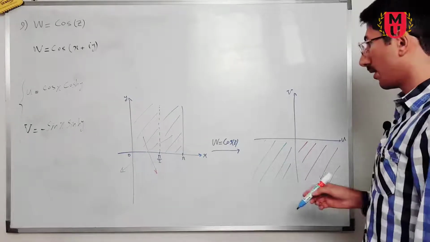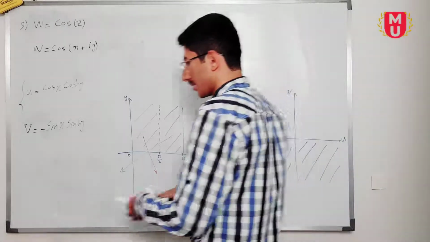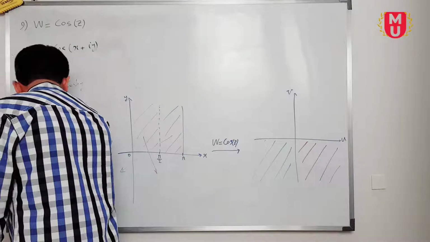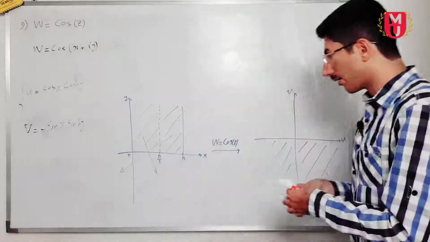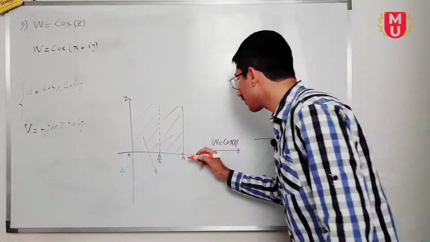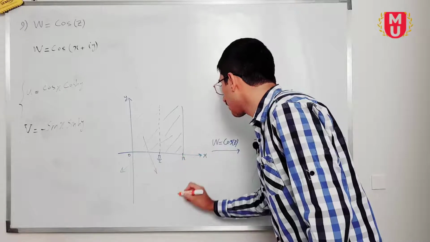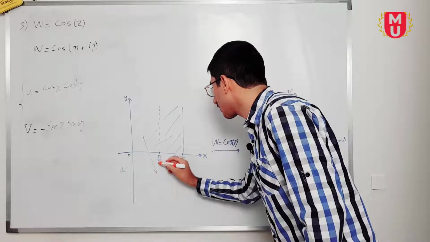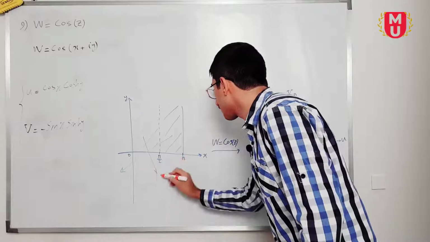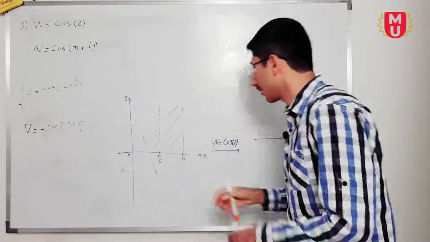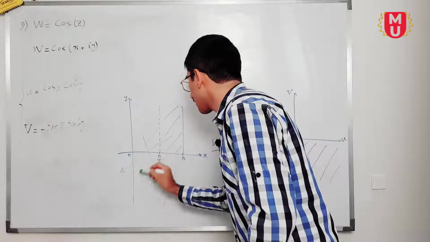And I have a question for you also. If the region was down there, in the negative area, I mean this way, this was the orange one, and this was the green one.